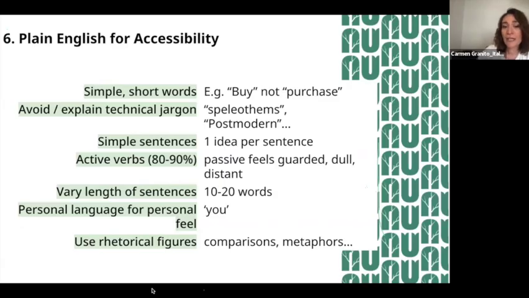Of course, you can use personal language. So you can address the visitor with "you." What would you feel if you were in that situation? What is your home like? And of course, you can use rhetorical figures to make your point.